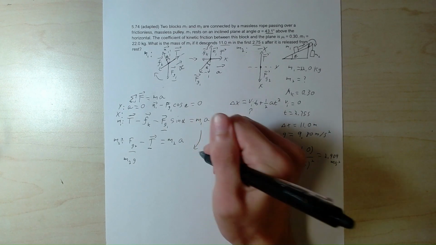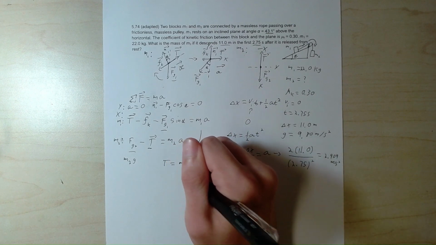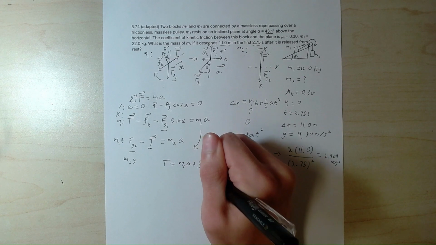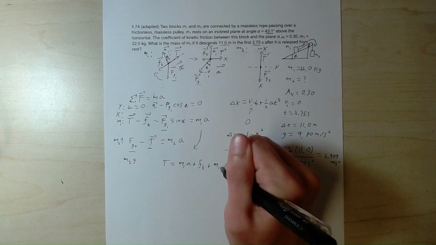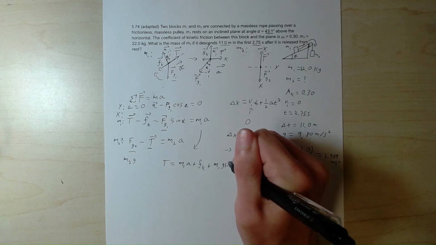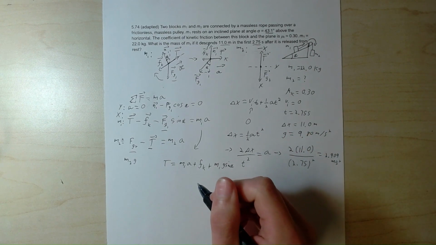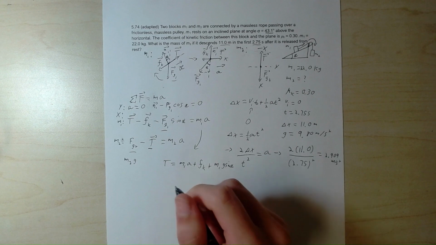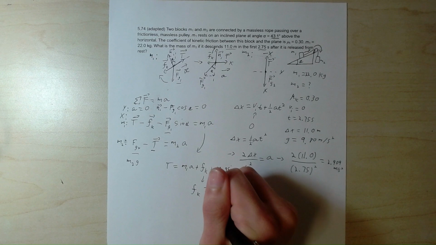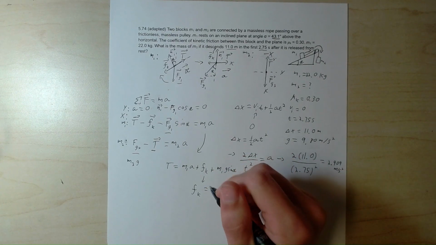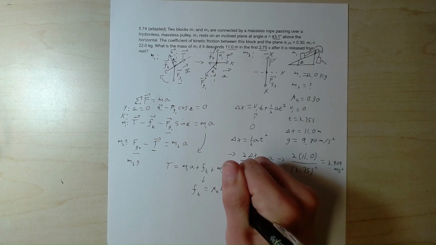So bringing this down here and solving for T, we have T equals m1a plus Fk plus Fg1, which I'm going to replace with m1g sine alpha. So this is our expression for the tension. And we can calculate this because we know that Fk equals mu k, which is given to us, times the normal force n1.